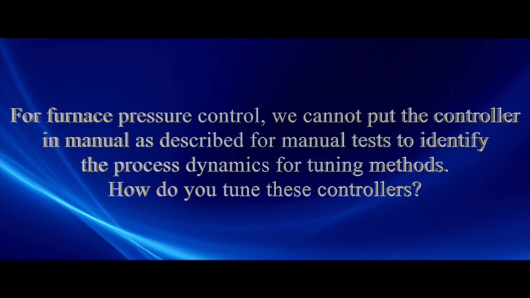Yeah, you're right. I've worked on that, and we had to use a modification of the ultimate oscillation method. You never want to get true ultimate oscillations, but what we do is take the integral action essentially out of the picture by setting a very large integral time, seconds per repeat, or if it's repeats per second, a very small repeats per second, and increase the gain until we start to see a little oscillation.